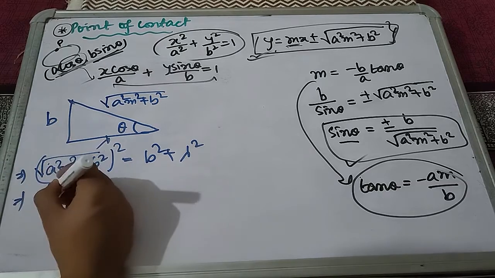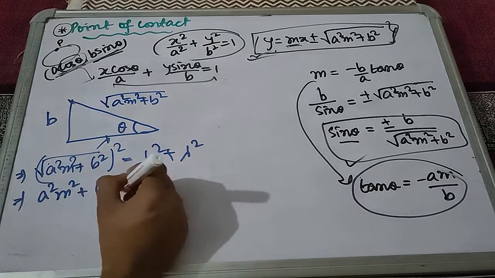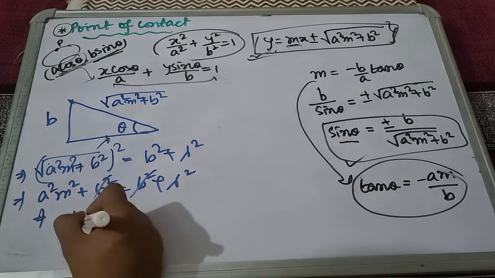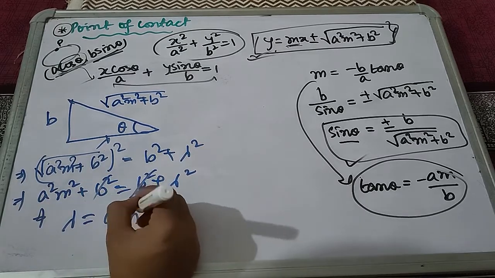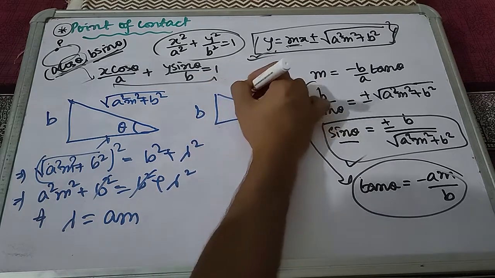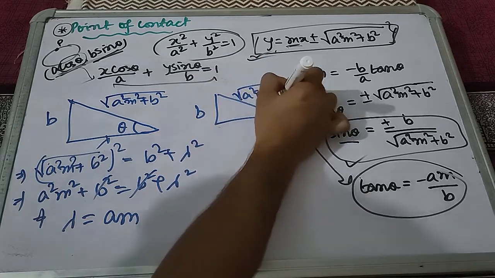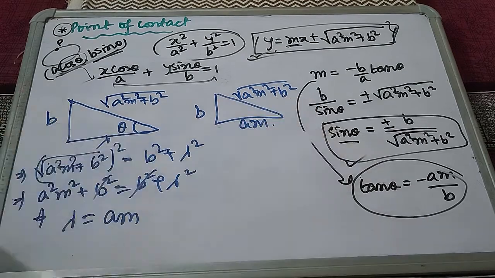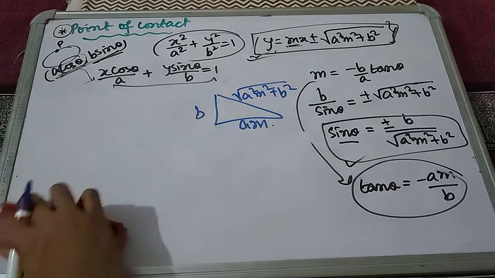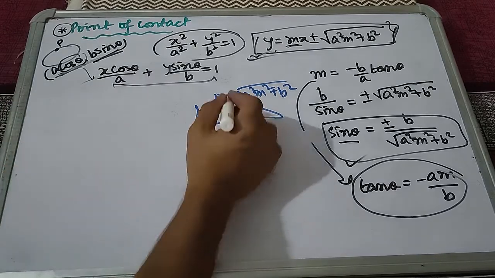So this is a square m square plus b square equals b square plus lambda square. B square gets cancelled. Lambda equals am. Therefore this is b, this is under root a square m square plus b square, and this is am. Correct. Now we have solved the mysterious triangle, not so mysterious, right?